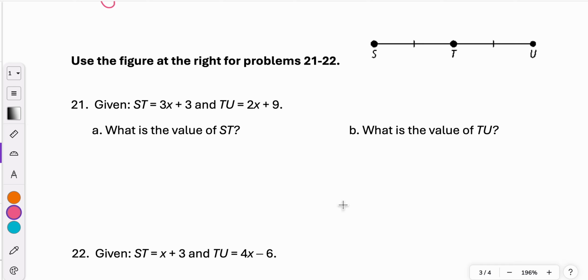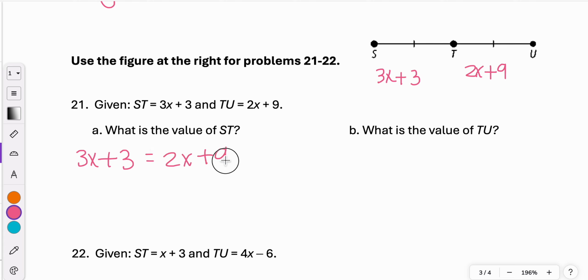21, starting with the bisectors. Use a figure at the right. So ST we know is 3x plus 3, and TU is 2x plus 9. So just labeling that. So we know that they're equal. So let's go ahead and maybe set them equal to one another. 3x plus 3 equals 2x plus 9 to get the value of ST. I'm going to move my variables and my constants so that they're together.